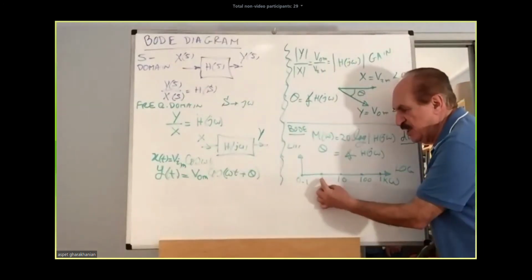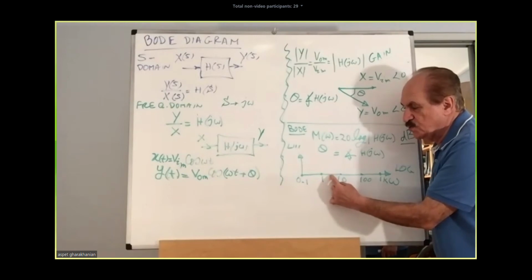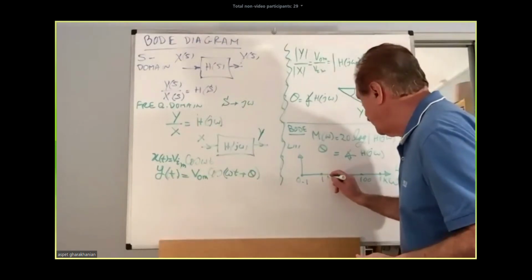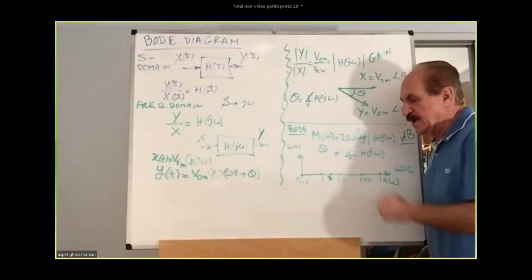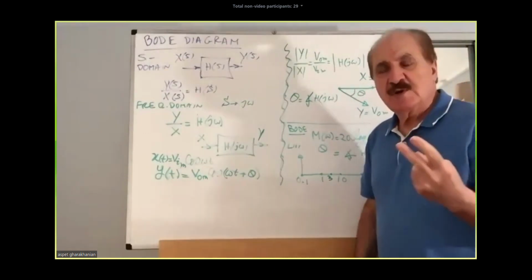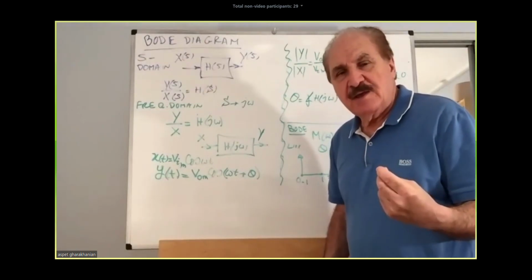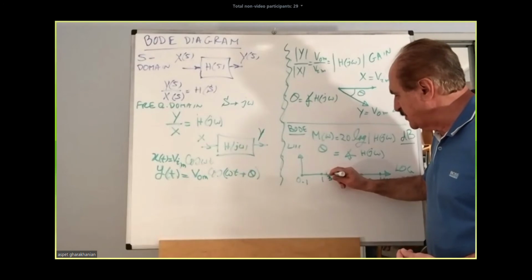So if you divide this scale into 10 parts, 0.47 is going to mark 3. So 3 will be right there, almost halfway between 1 and 10. Log of 2 is going to be 0.3, about 30%. This will be 2.